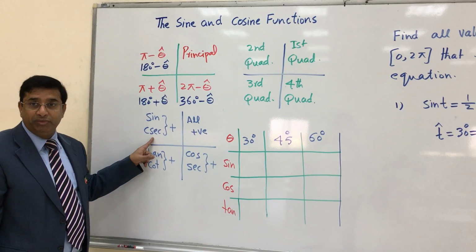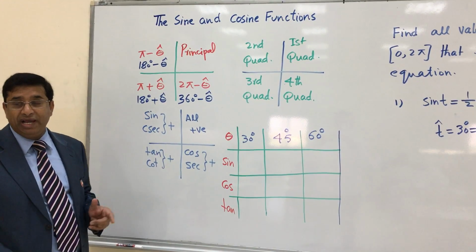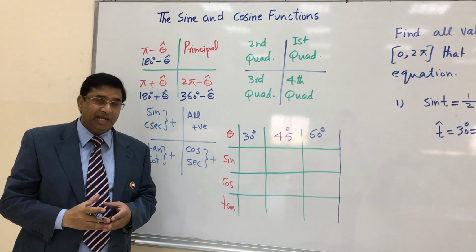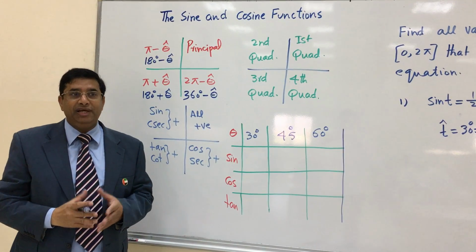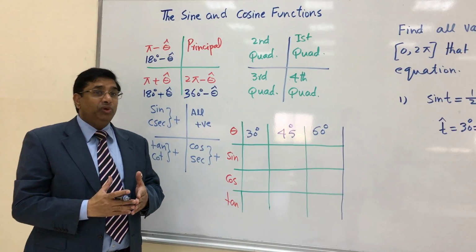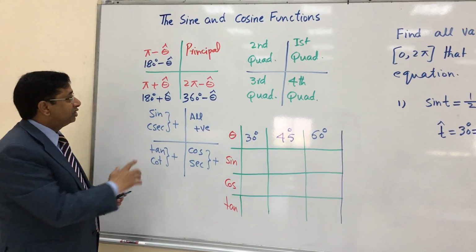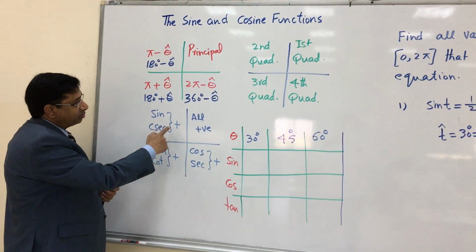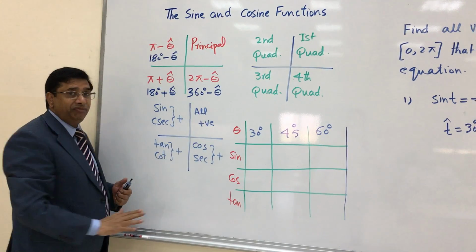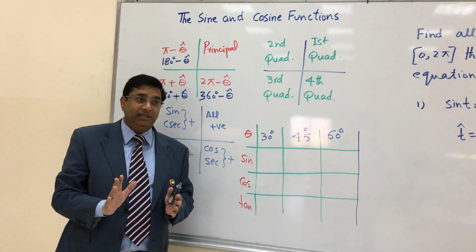The sign of the trigonometric functions. We have 6 trigonometric functions: sine, cosine, tangent, cotangent, secant and cosecant. And we need to know the signs of these trigonometric functions in all these quadrants. In the first quadrant, all trigonometric functions have a plus sign.